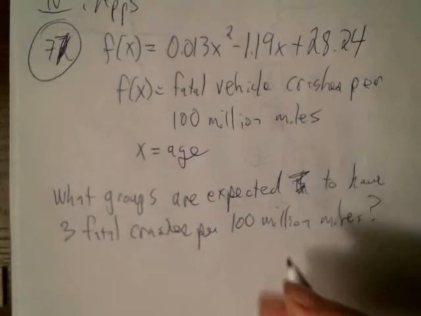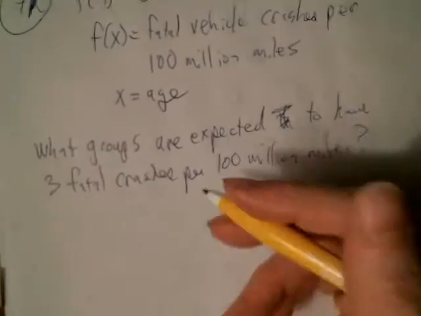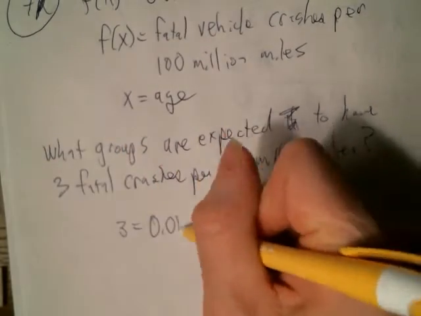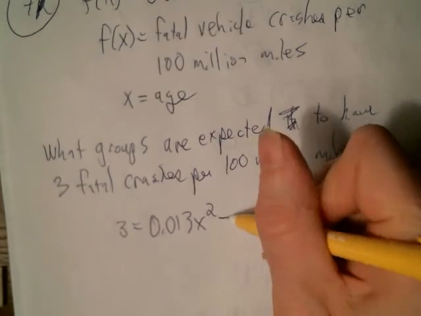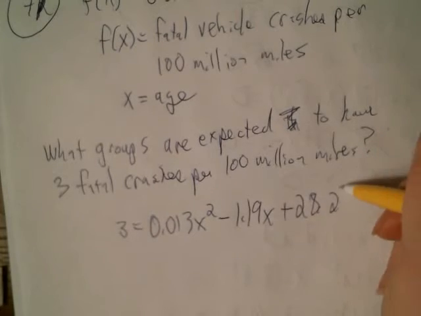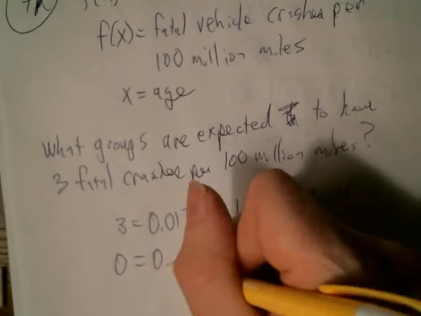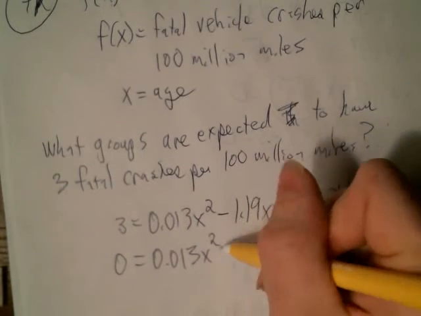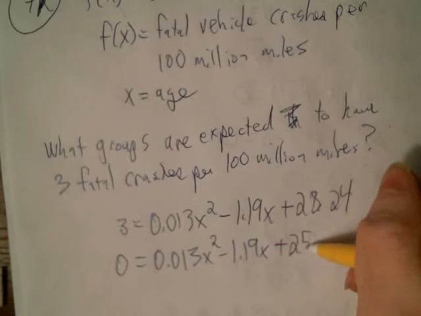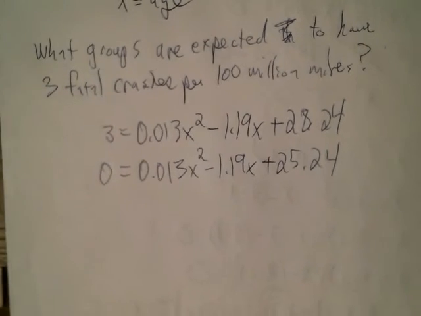So what you do is put 3 in for f of x and then solve for x. So 3 equals 0.013x squared minus 1.19x plus 28.24. Then subtract 3 from both sides, so essentially setting it equal to 0. And then you could put it into your quadratic formula and get some numbers.